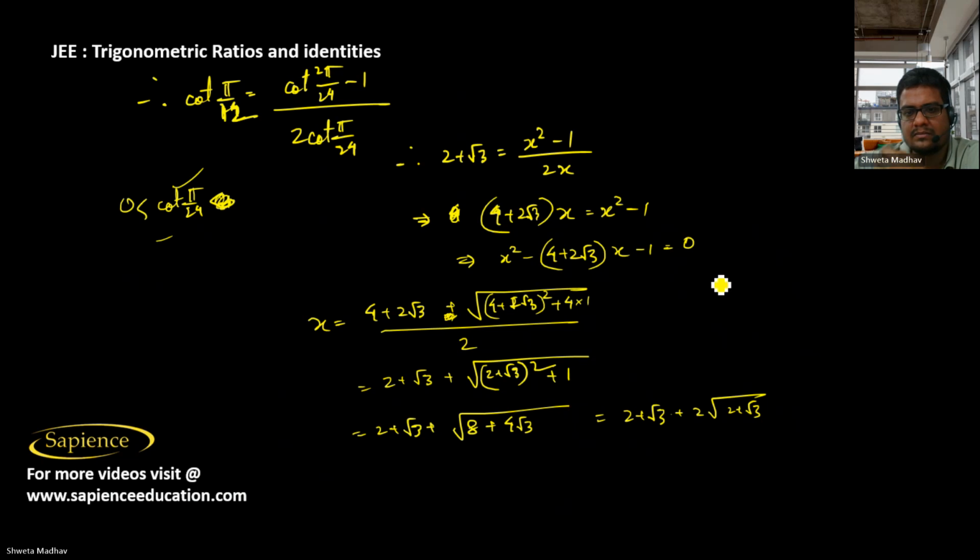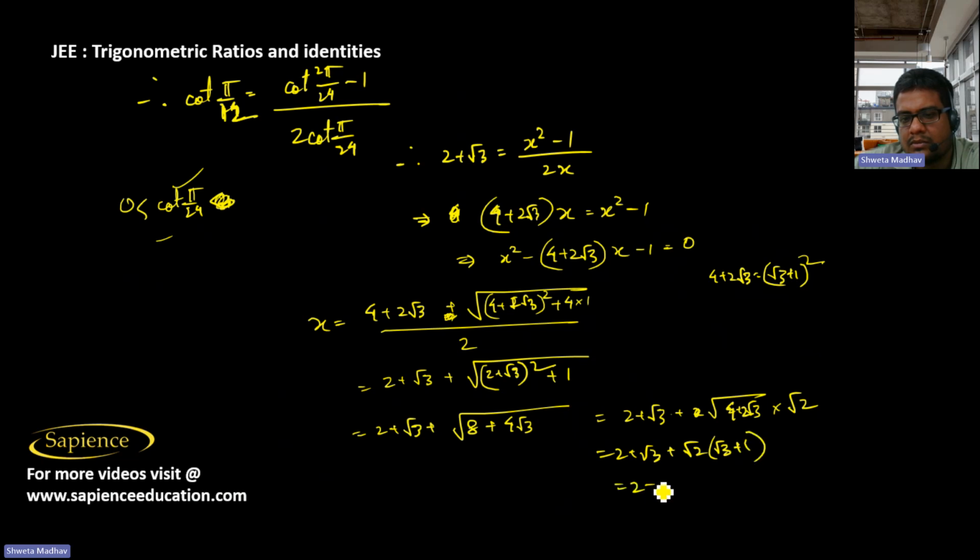Now 4 plus 2 root 3 I can say is root 3 plus 1 whole square. So if I take root 2 outside, then here I will have 4 plus 2 root 3. So this I can write as 2 plus root 3 plus root 2 into root 3 plus 1.